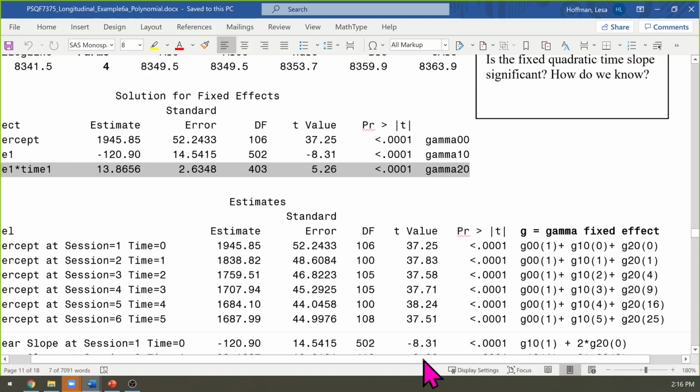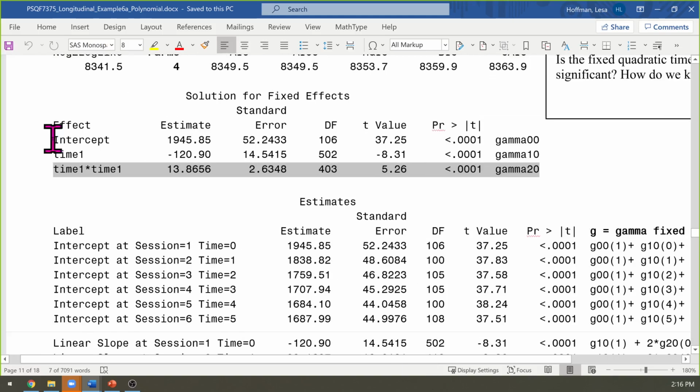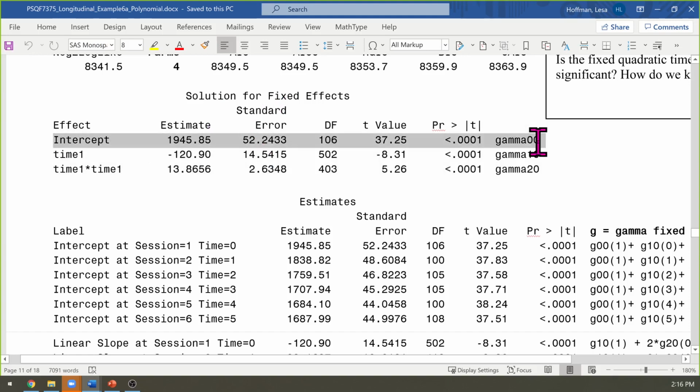So let's put it all together. 3 fixed effects in the model. So just as you can look at the other table for the number of parameters in the model for the variance, you can look at this table for the number of parameters in the model for the means. 3 fixed effects. Intercept, gamma 0,0. That tells me what the model says my outcome is predicted to be at time 0.